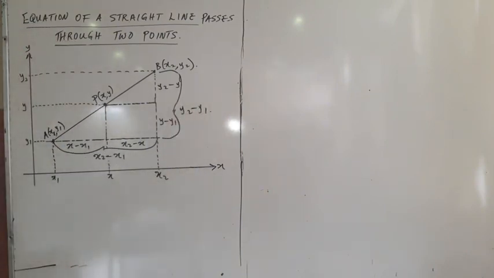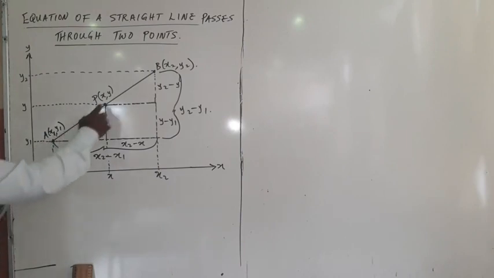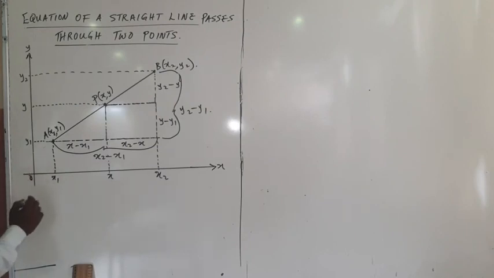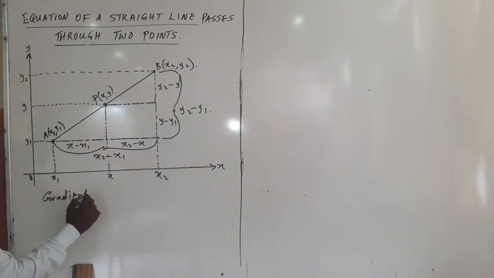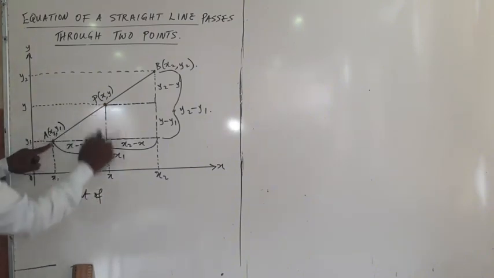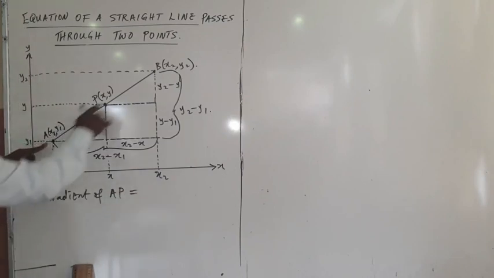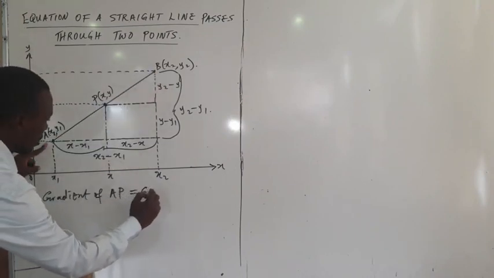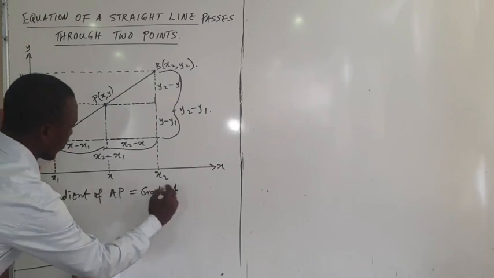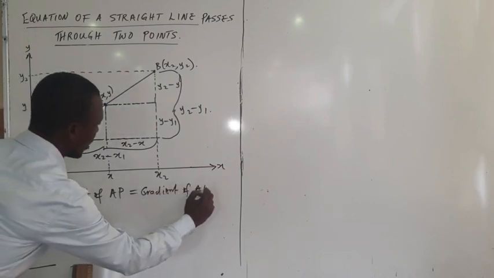So we are going to consider the midpoint theorem of distance of 3 points along a straight line. So we are going to make use of the gradient formula, which is: gradient of line AP equals the gradient of line AB.